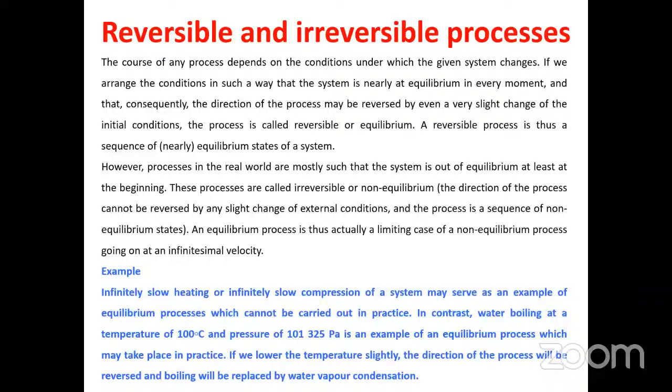They go straight in one direction and they cannot be reversed. Like I explained to you the other day, in such reactions we see the arrow pointing straight to one side, unlike reversible or equilibrium processes that have an arrow to the back and the other half arrow to the front. That means it can be shifted at any moment.